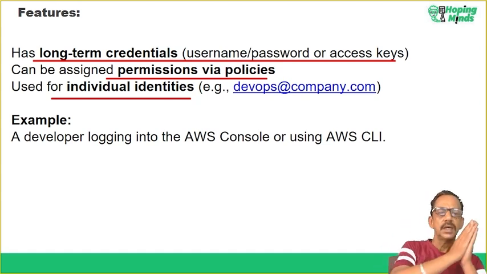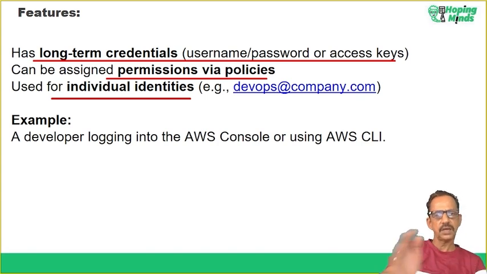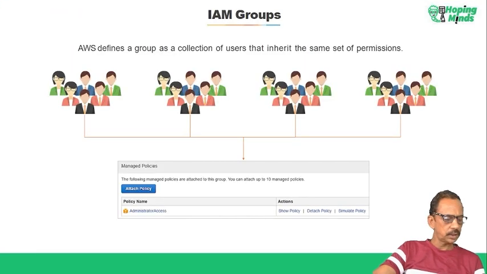So each individual identity has its own role. And we can use the access key to log in to the CLI, and we use the console password there. All clear?